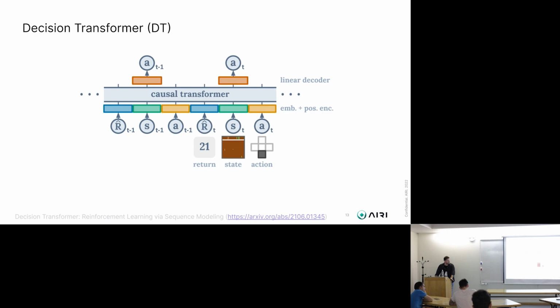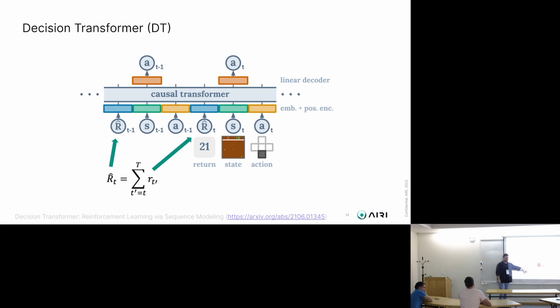And usually, if you talk about transformers in NLP, the tokens are of identical nature. They come from text, the corpus of text. But in the decision transformer, we use 3 different types of tokens. The first of them is this R capital hat, and this is actually the return to go.